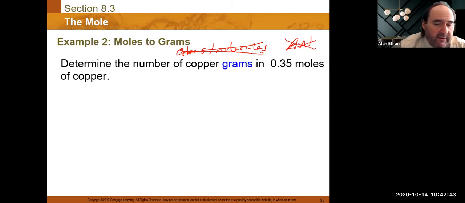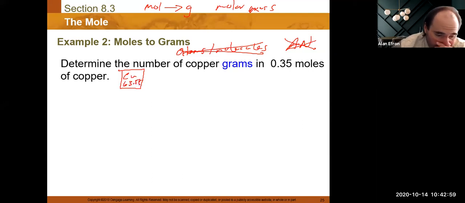We're really going from moles to grams, and that is the molar mass from the periodic table. You would look up copper, and it would say something like 63.55 underneath it. That number represents that in 1 mole of copper, there are 63.55 grams.